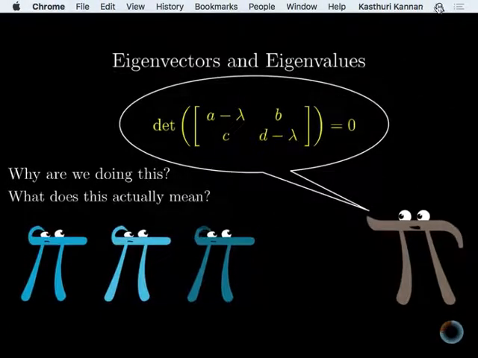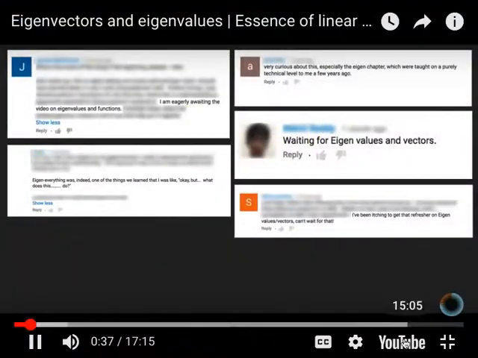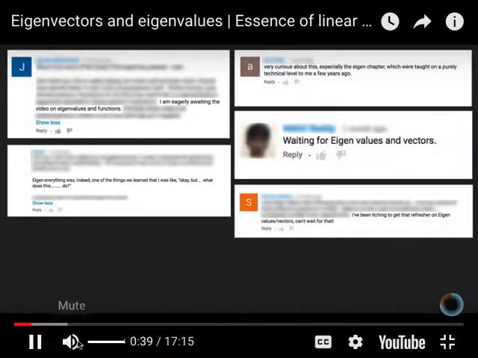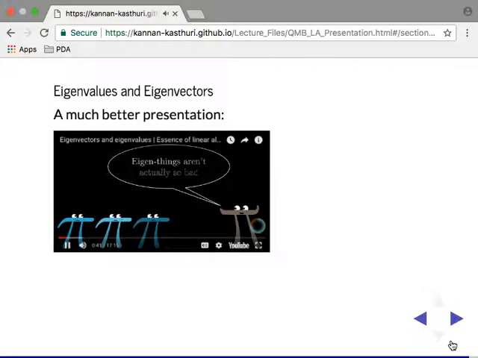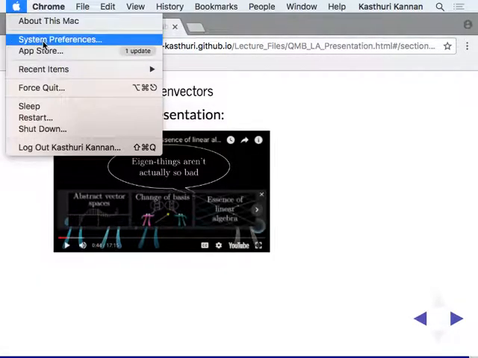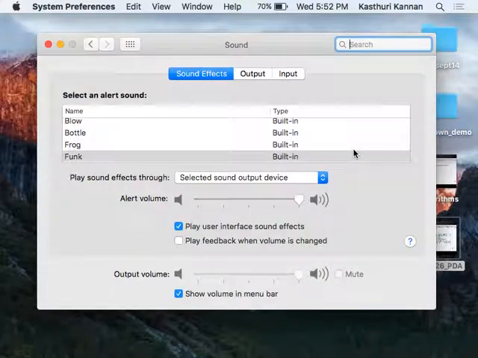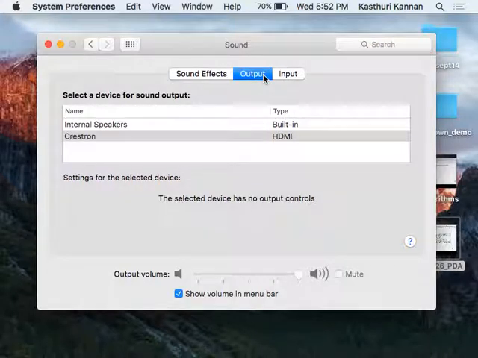There should be a drop down to say which audio source you want to use, whether your laptop or the TV. From your settings, system preferences, sound, output. Oh, it's set to use the HDMI.